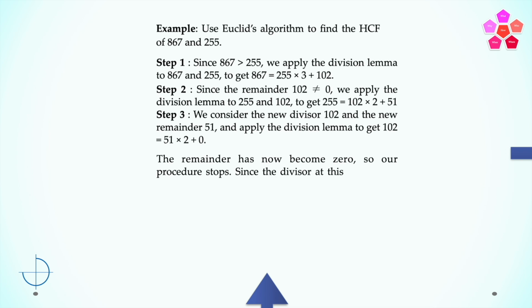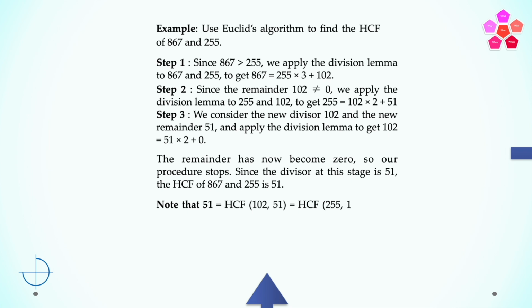Since the divisor at this stage is 51, the HCF of 867 and 255 is 51. It is important to note that 51 is the HCF of 102 and 51. It is also the HCF of 255 and 102, and it is also the HCF of 867 and 255.